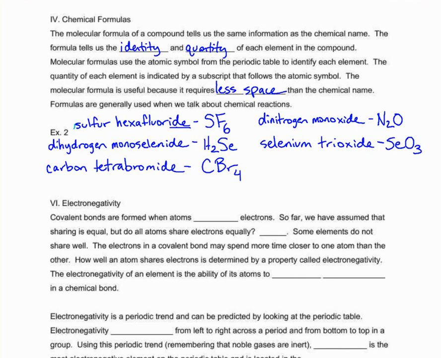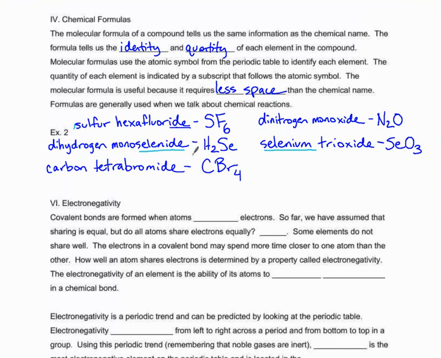Something that you may notice here is that in this compound, selenium comes first, and in this compound, selenium comes second. Since we're talking about all of these being nonmetals, the order is important, but the elements are not always first and they're not always second. And the quick explanation is whichever element is more to the left or the bottom of the periodic table comes first. So for instance, hydrogen's on the left, selenium's on the right.